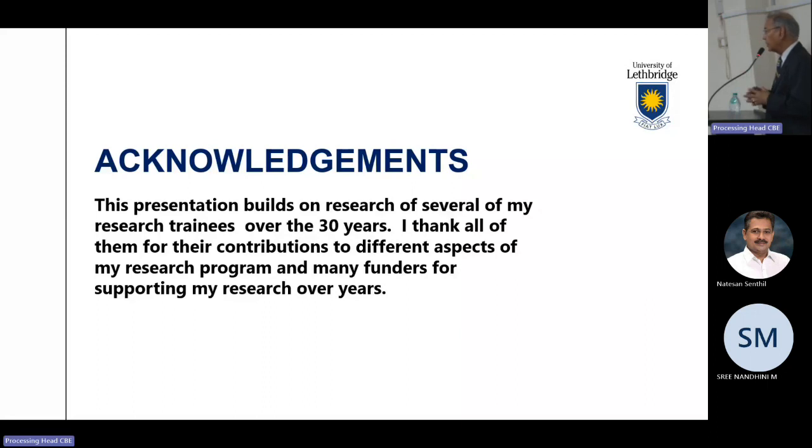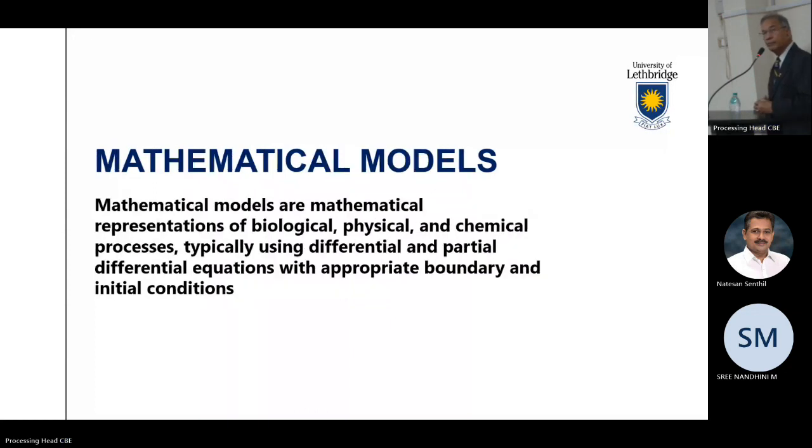I think in India the equivalent is DST, the Department of Science and Technology, which funds research in all of the natural science and engineering. But I had funding from many other sources like provincial government and many industry partners, industry funded projects. So I certainly thank those research organizations.